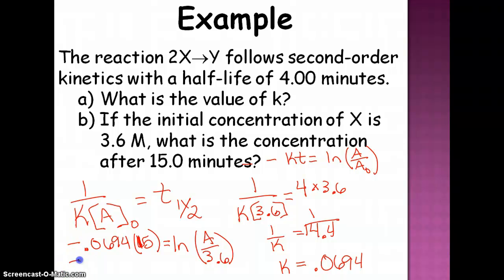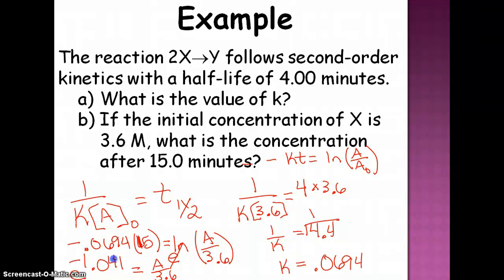So that is negative 1.041. Now we have to deal with this natural log. So we're going to E both sides. When you E this one, that cancels out, and you get A over 3.6.